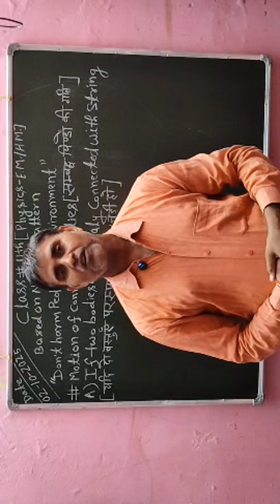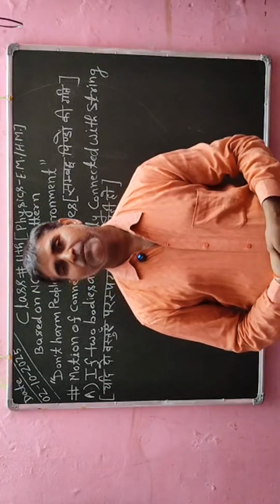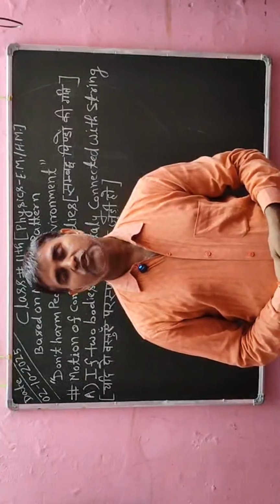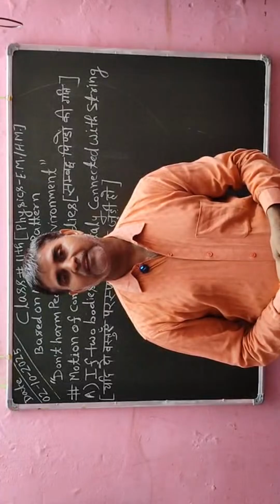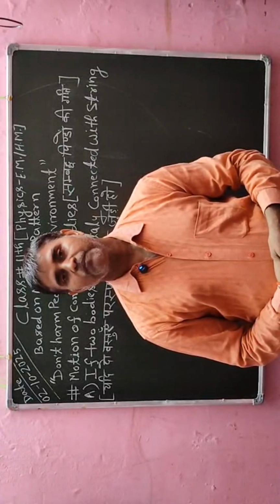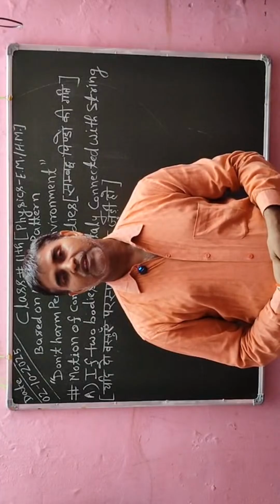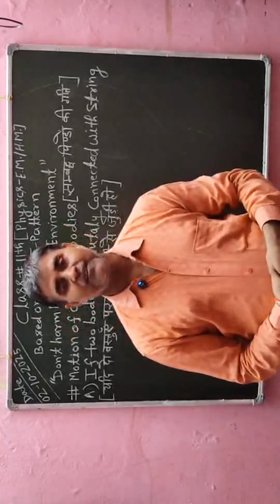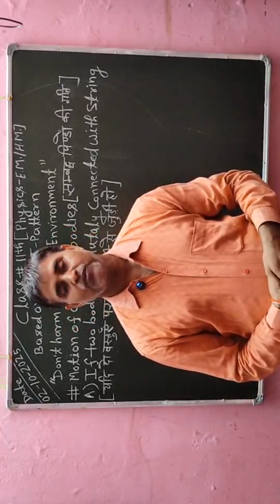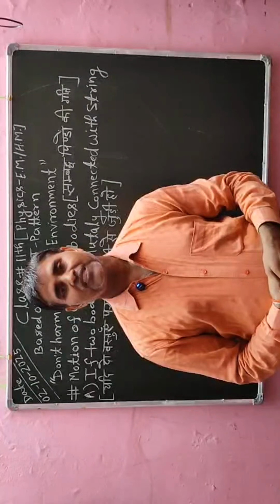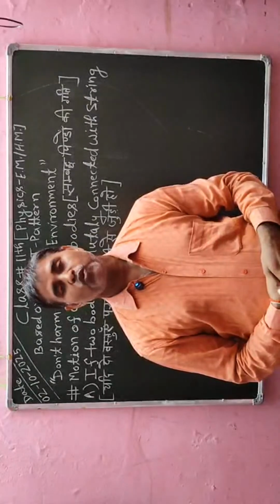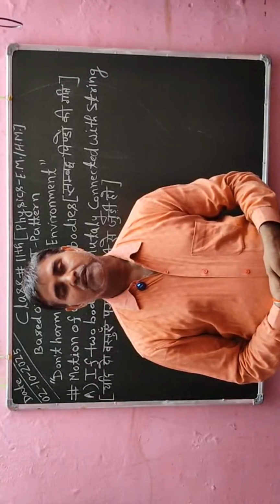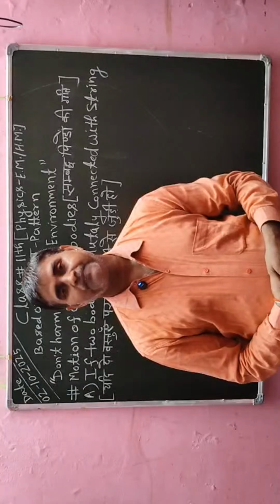Today I will talk on a topic called motion of connected bodies. In this topic, I will explain some portion of it. Therefore, concentrate on this topic to understand clearly the concept of two bodies which are connected with a string, and both objects are moving on a smooth horizontal plane.